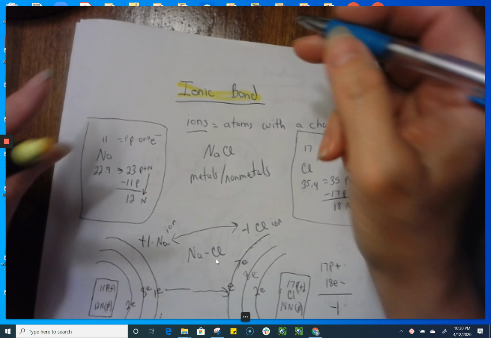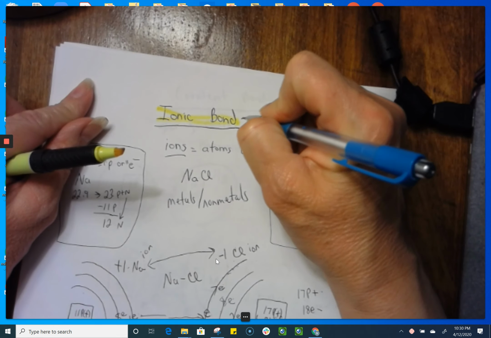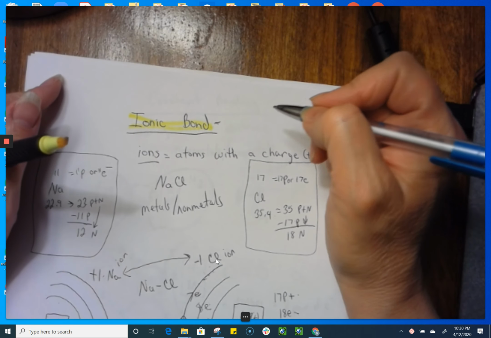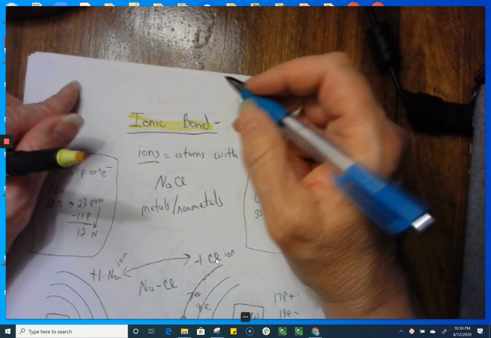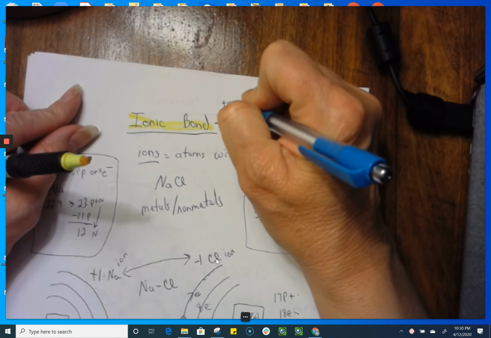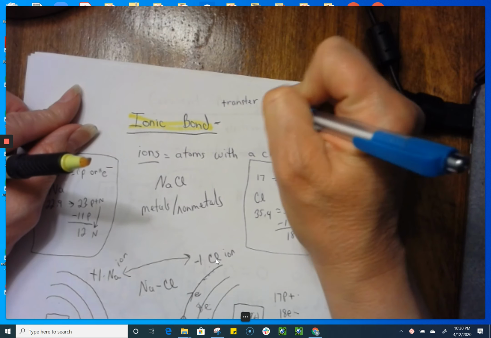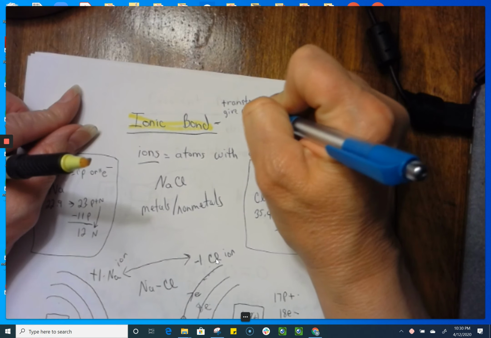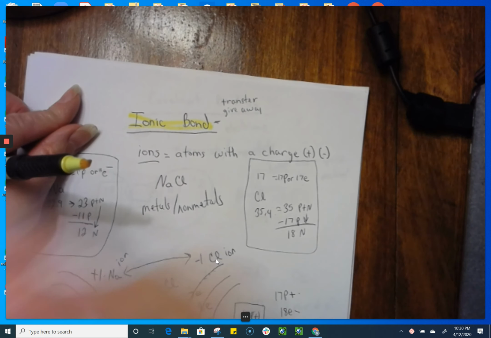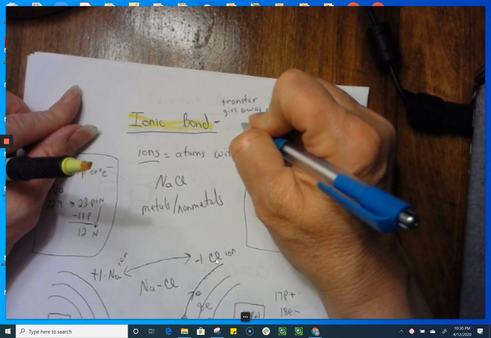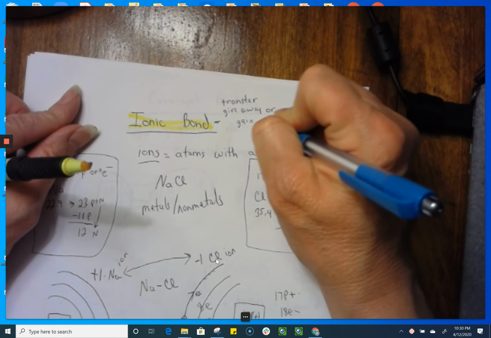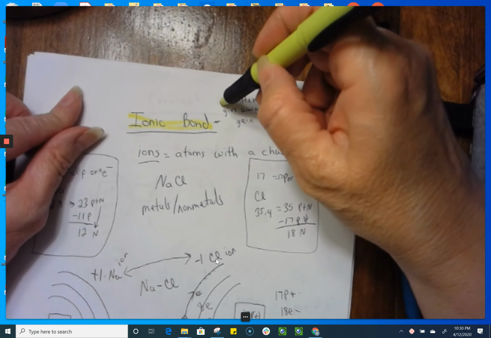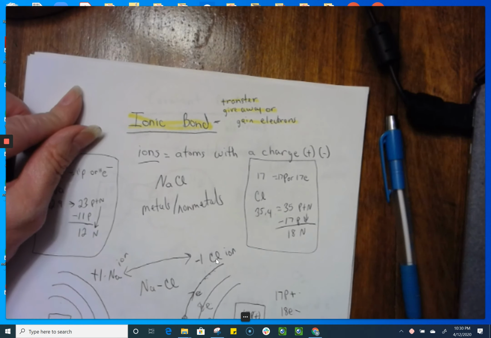So ionic bonds will form, and it's due to transferring, giving away, or gaining electrons. Transfer, give away, gain electrons.